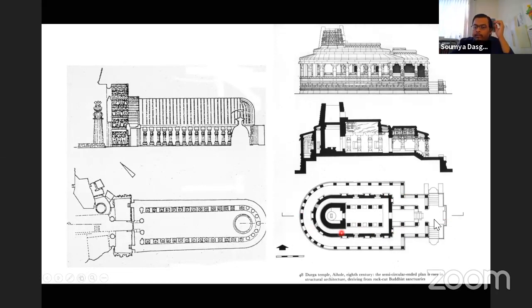And you have that circumambulatory path, which means that here is your main deity, let's say the goddess Durga, and you have an entrance, the sequence. There is a particular space in the front for people to have a procession into. It's very linear. It justifies that linearity by adding more columns to it and identifying the centrality of it. And then you have a direct relationship with God, and a circumambulatory relationship with God.